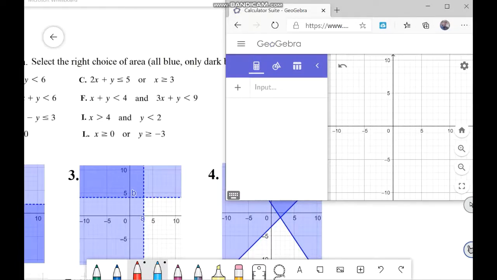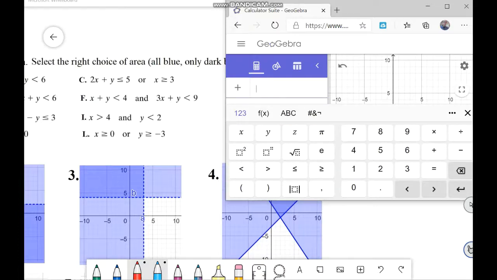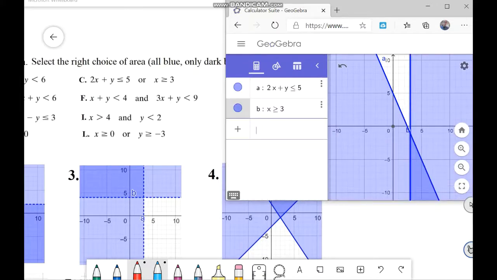So example here, or let us see. Type 2x plus y less than or equal to 5, and enter. And the next one is x greater than or equal to 3. Enter. Okay, this is how the graph is going to look.